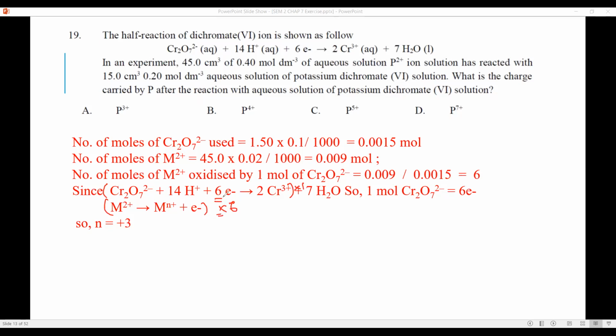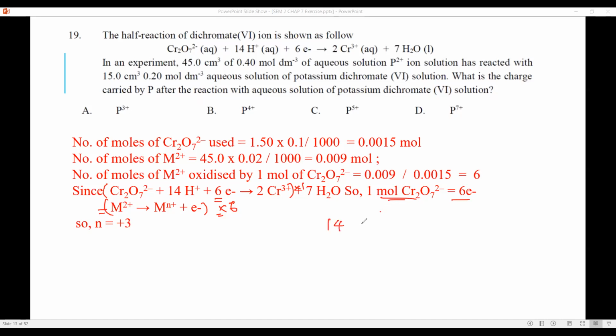So that is the key of what I try to tell you in here: if chromium oxidized the other species by plus 6, while the other is reduced by something, so that is why you see here, when you reduce only by 1, because the ratio is 1 Cr2O7 to 6 electrons. So in here, your mole of the M plus must be 1. Understand what I'm trying to say?